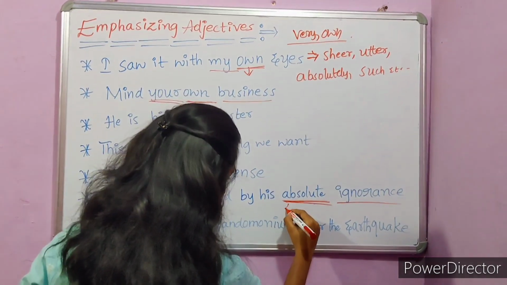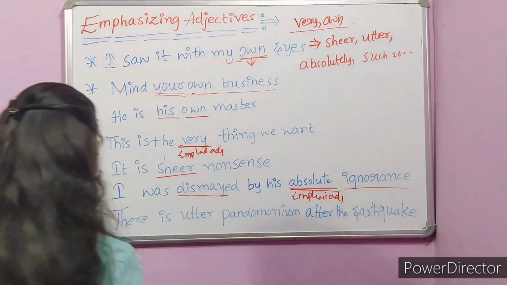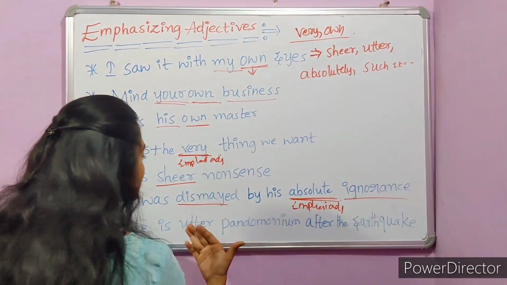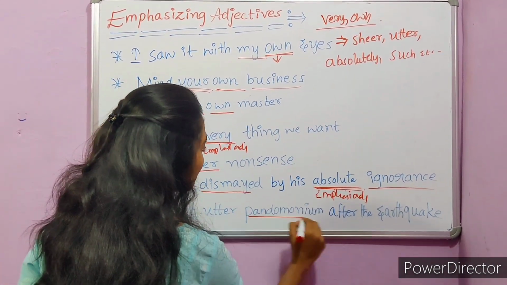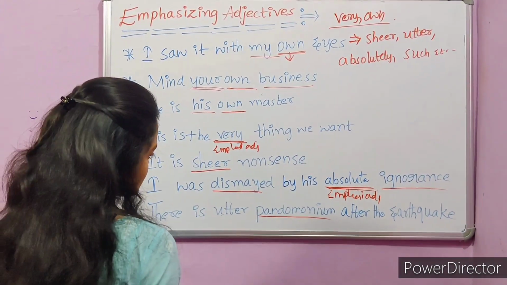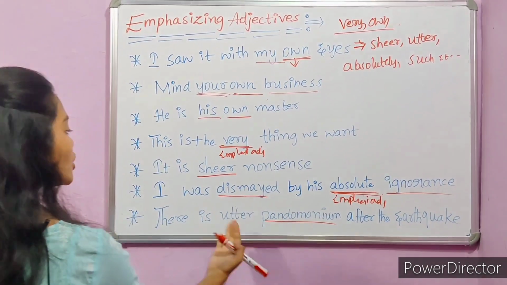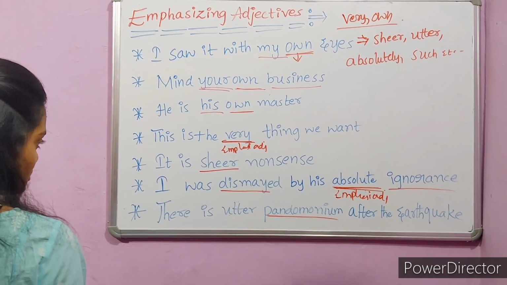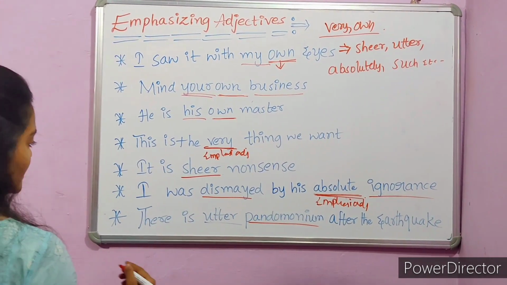So it is an emphasizing adjective. There is utter pandemonium after the earthquake. Pandemonium means disorder. I am emphasizing this word by using an adjective before it, that is utter. Therefore, utter becomes an emphasizing adjective.